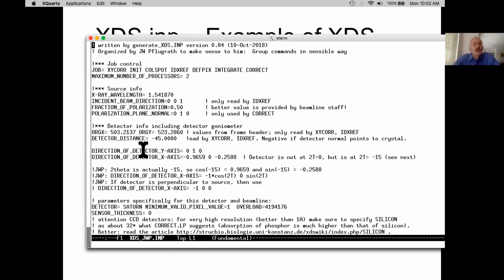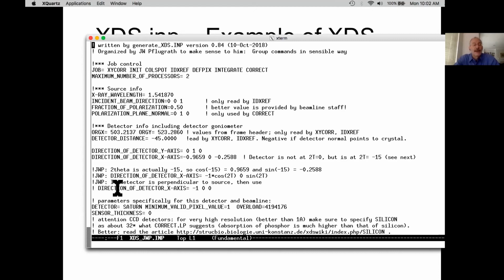And you also need to know the swing angle of the detector, if it swings around or swings up. And that's what the detector X and Y axes are. So in the apparatus I showed for the Cold Spring Harbor lab system with purple in the beginning, the detector 2 theta is not at 0.